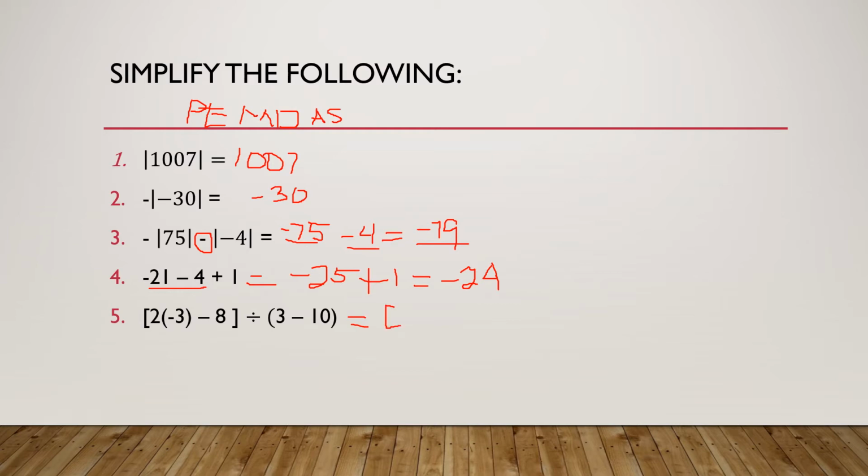We have 2. Okay, 2 times negative 3 is negative 6. Minus 8. Okay? Divided by negative 7. So, negative 6 plus negative 8 is negative 14.